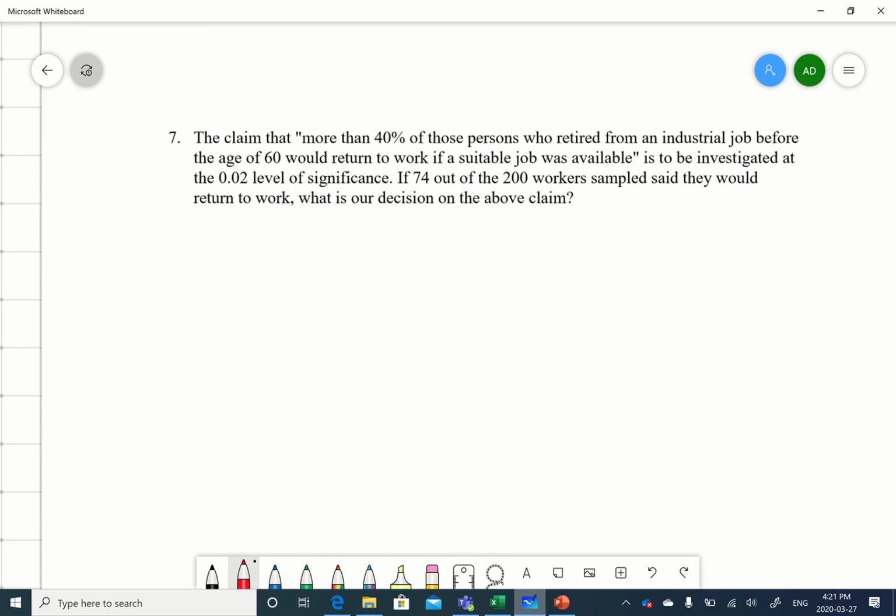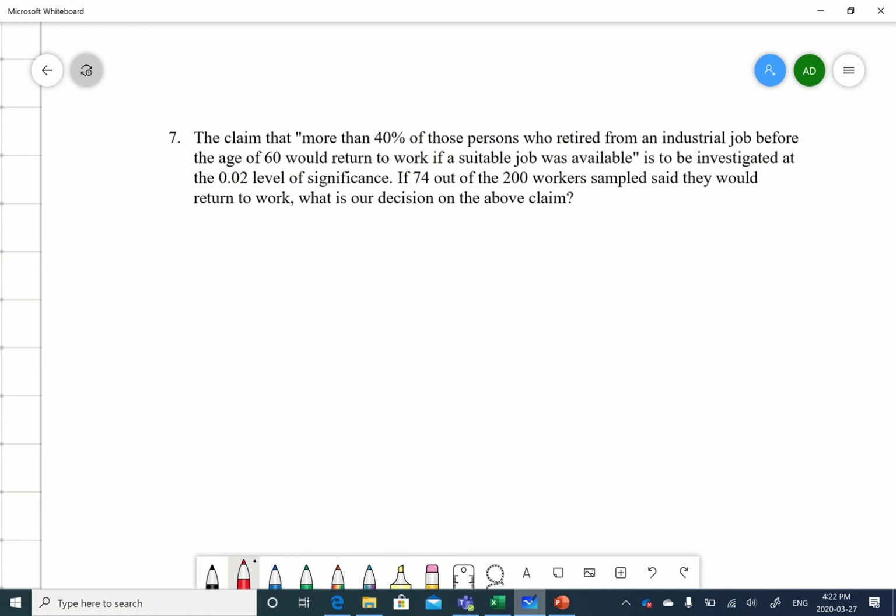The claim that more than 40% of those persons who retired from an industrial job before the age of 60 would return to work if a suitable job was found. This is going to end up with the same alternative as the previous 2, but it's okay.